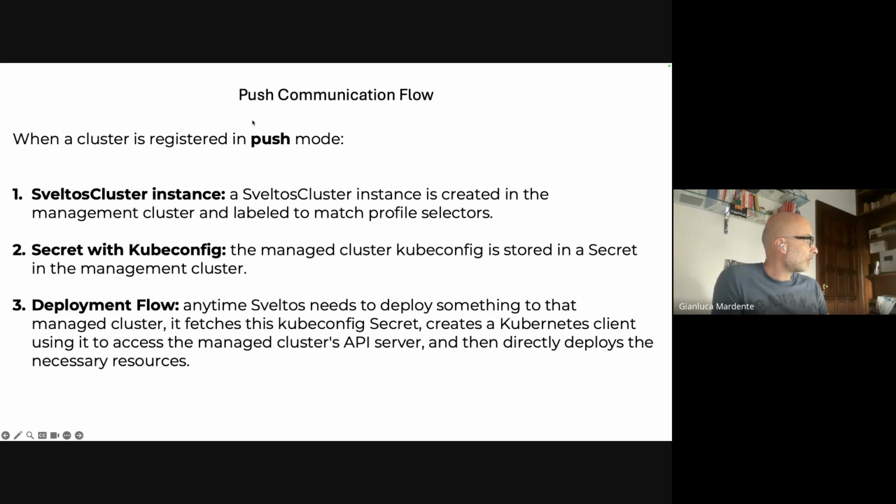When a cluster is registered in push mode, a secret also gets created in the management cluster containing the kubeconfig to access the managed cluster. Then the deployment flow is that anytime something needs to be deployed, Sveltos takes the secret, takes the kubeconfig, creates a client at runtime, and uses this client to deploy what needs to be deployed on that cluster.